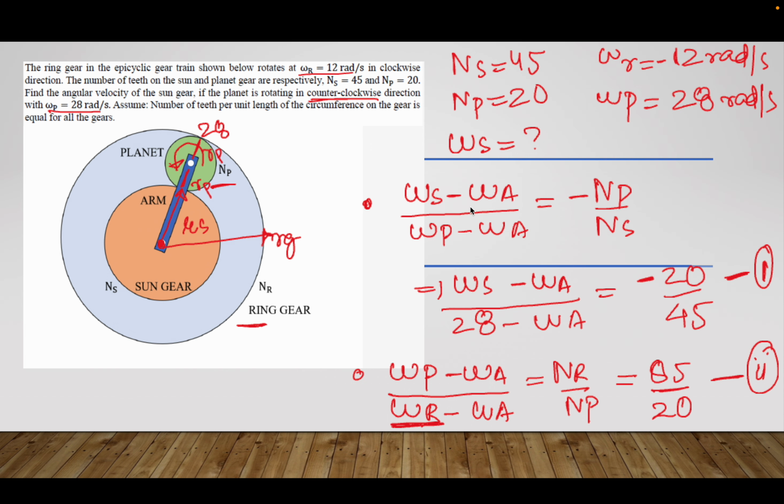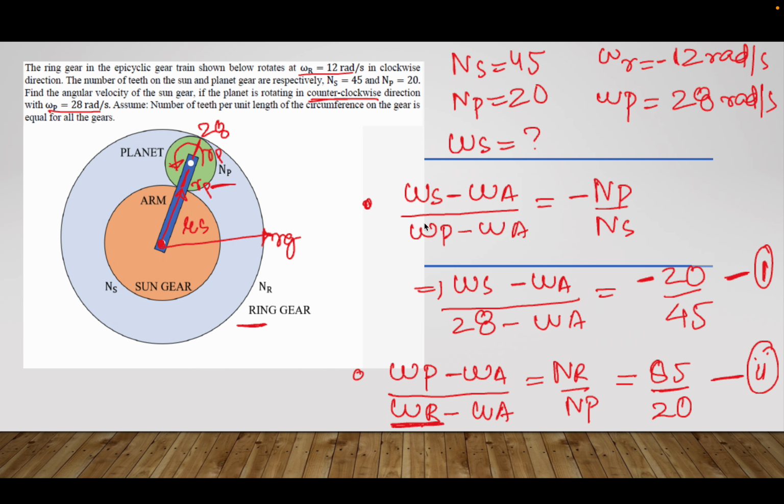In the first equation I am solving for the pair of sun and planet gear. You know that omega s minus omega a upon omega p minus omega a is equal to minus of np upon ns.